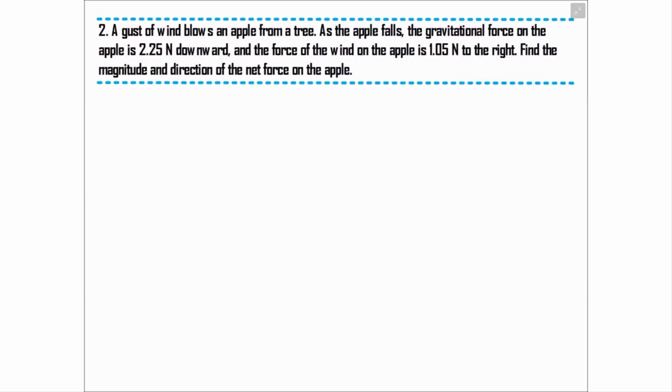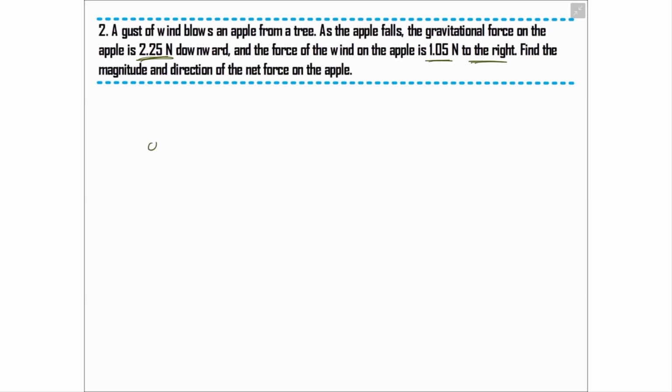Question says a gust of wind blows an apple from a tree. As the apple falls, the gravitational force on the apple is 2.25 Newton downward, and the force of the wind on the apple is 1.05 Newton to the right. Find the magnitude and direction of the net force on the apple.